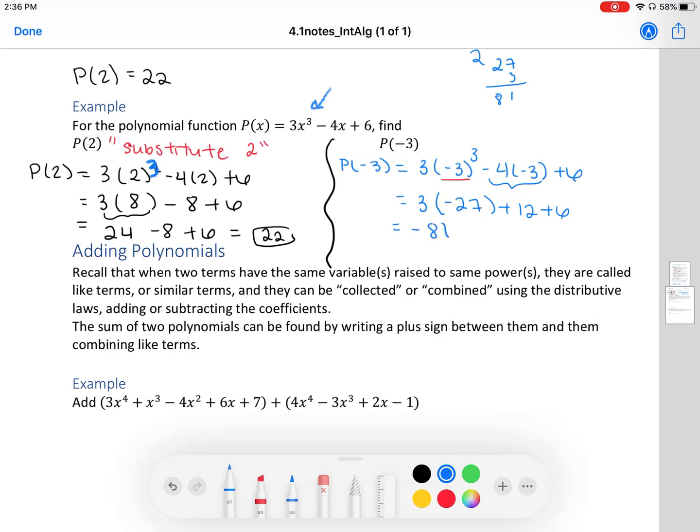Negative 81 plus 12 plus 6. So negative 81 plus 18 gives me negative 63.